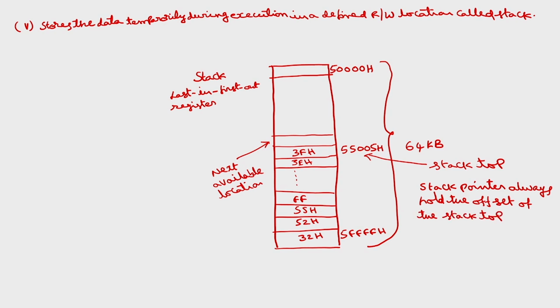In this case, the offset is the distance from the start of the stack segment to here, so this offset is 5005. This offset will be held by the stack pointer. The contents of the stack pointer will be the offset from the starting of the stack segment to the stack top. So, the stack pointer location will be 5005.